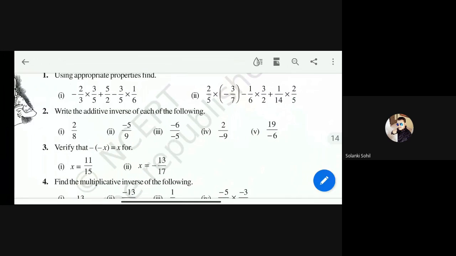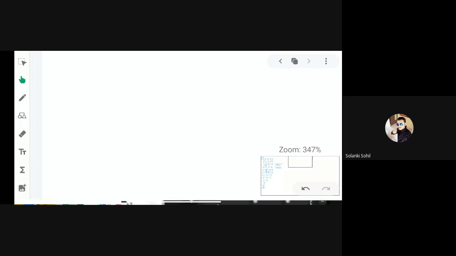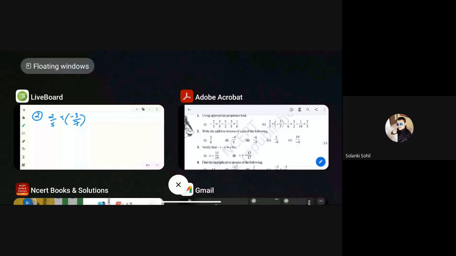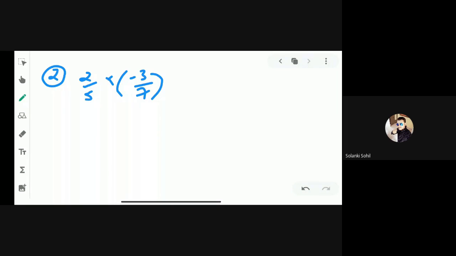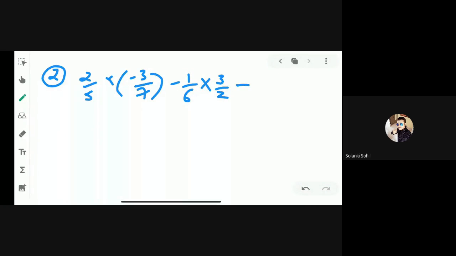Now question number 2: 2 by 5 into minus 3 by 7, then minus 1 by 6 into 3 by 2, then plus 1 by 14 into 2 by 5.